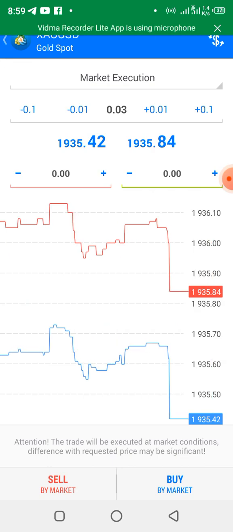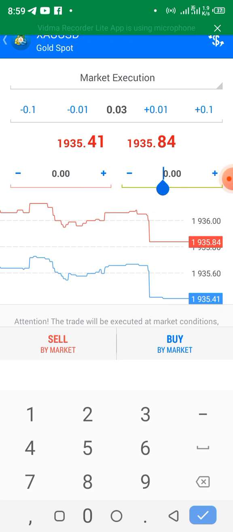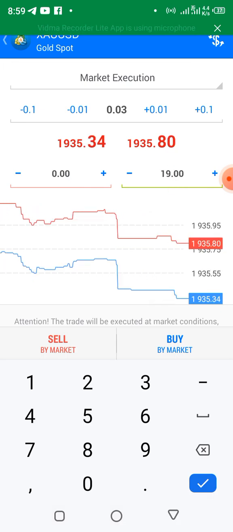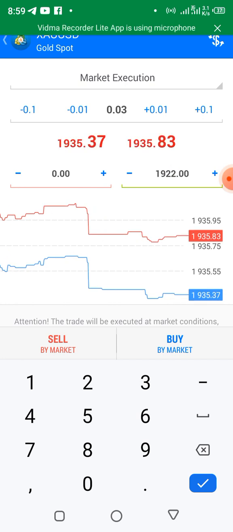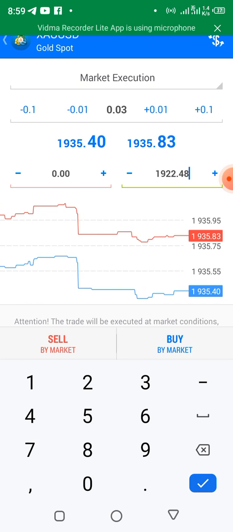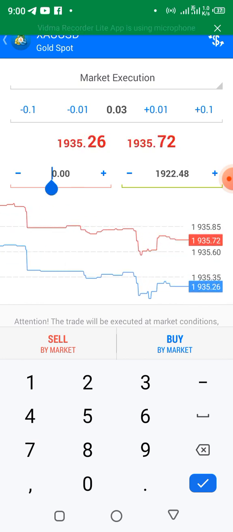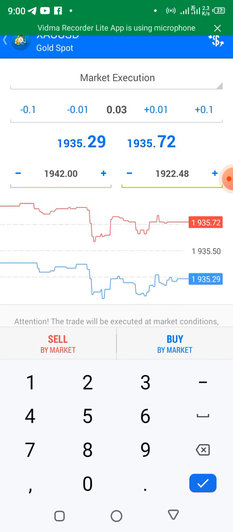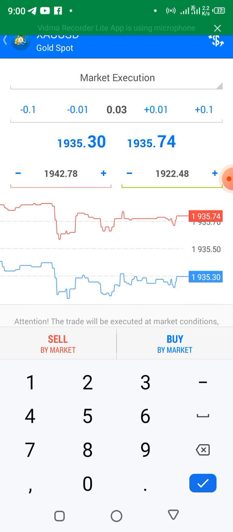Remember, we are selling, right? Good. Our take profit is 1922.48, and then our stop loss is 1942.78. Sell.